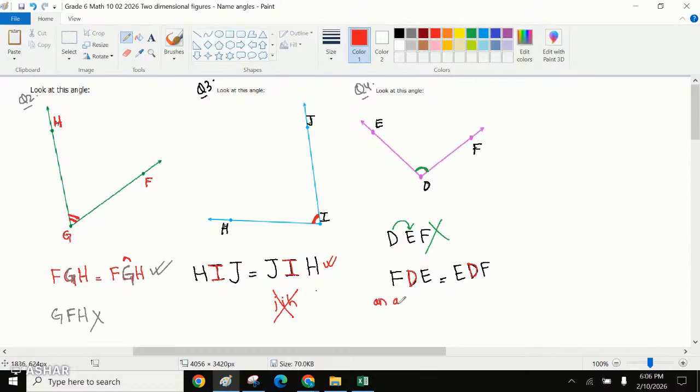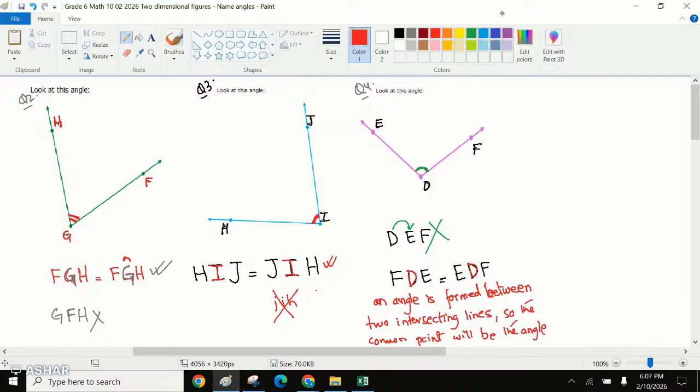An angle is formed between two intersecting lines, right? Because the lines need to intersect. So the common point will be the angle.